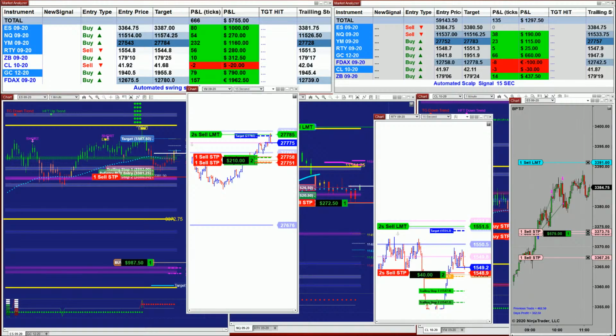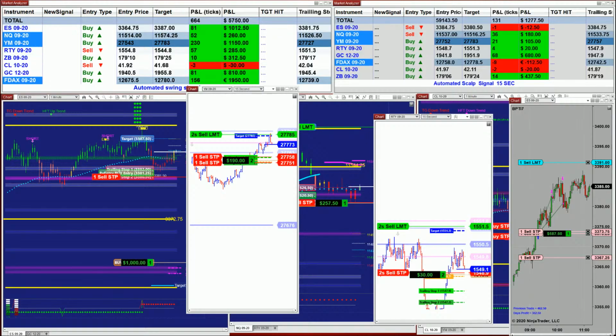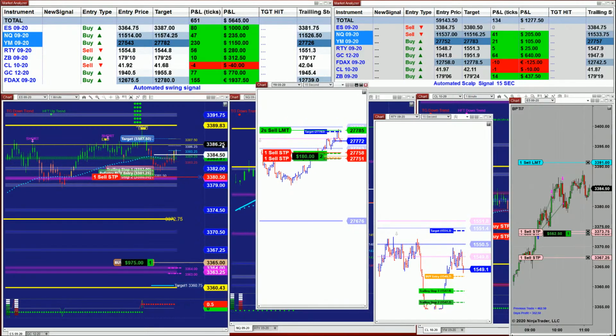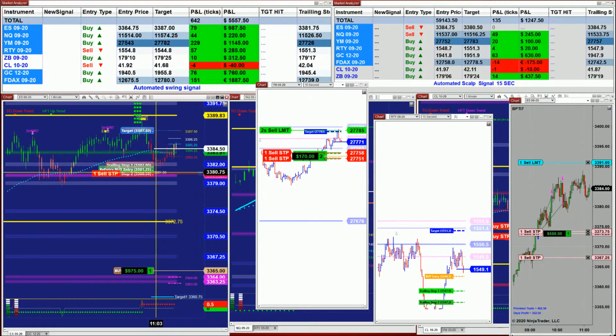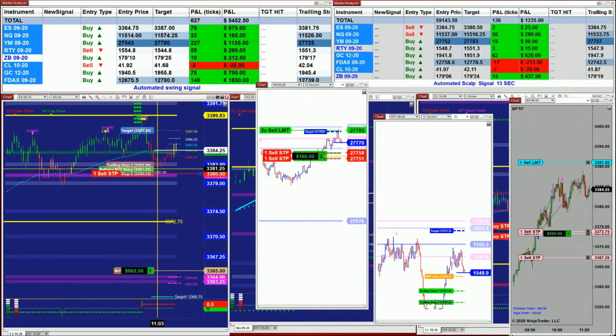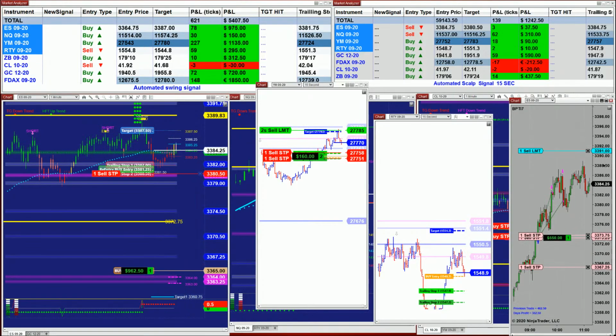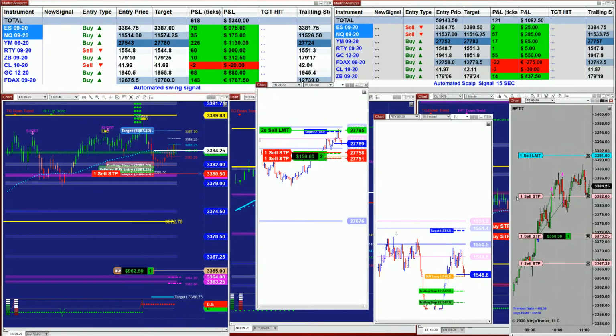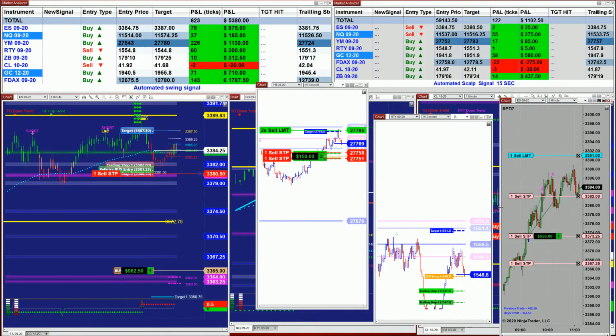Okay, so let's see where the support area is. On the ES, it was 81.25, and we only have one trade, which is 81 right there. So we secured some of the last trade on the ES.